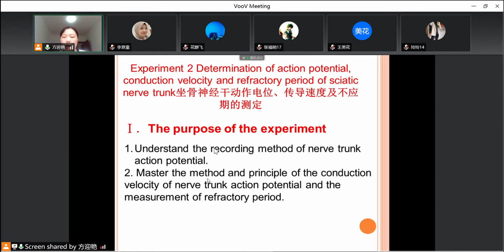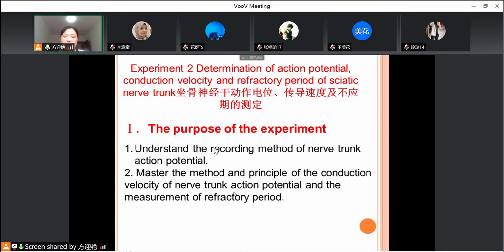We have studied the action potential and also the resting potential. After one stimulation, the excitable cell is excited and an action potential is produced, which shows the cell is excited.